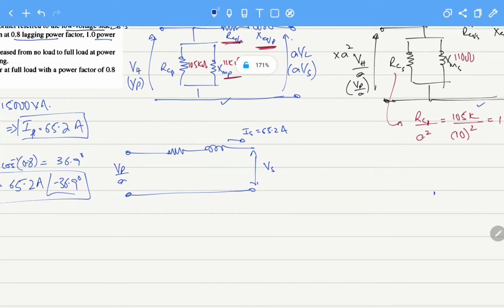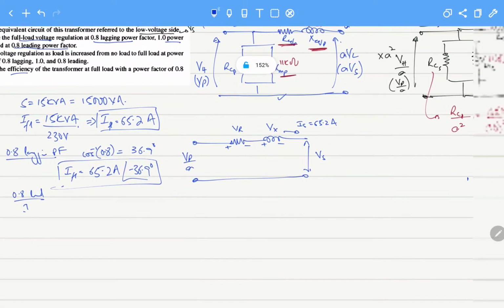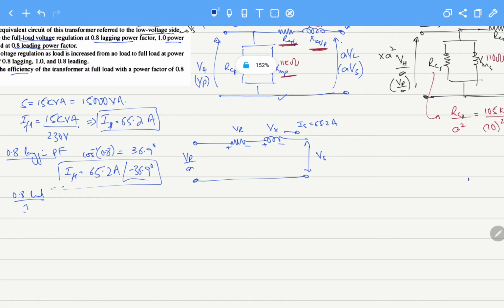Again, this is the current, and the voltage drop across this is VR. The voltage across this is Vx. So this becomes the equation. Now for the voltage regulation, we know the formula. This is V secondary no load minus V secondary full load, divided by V secondary full load.